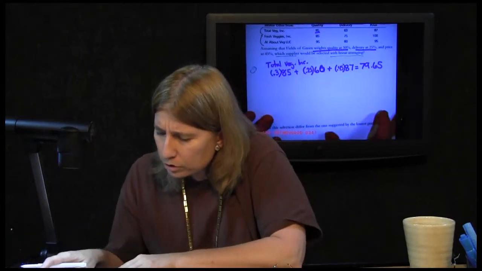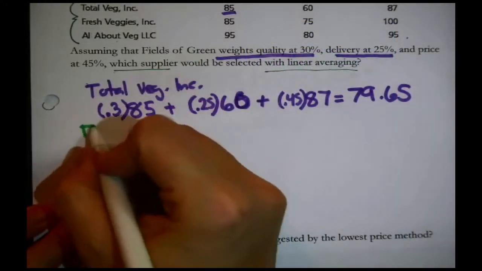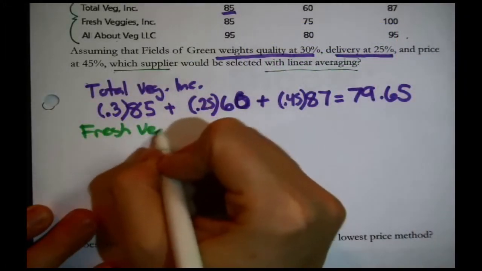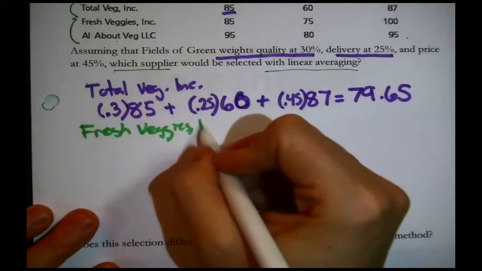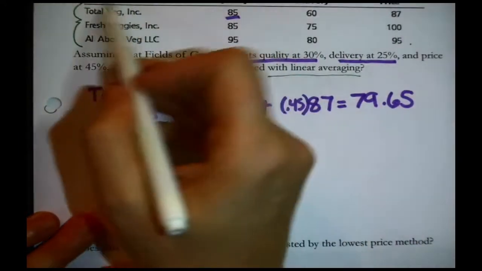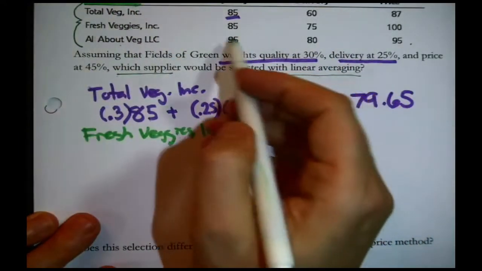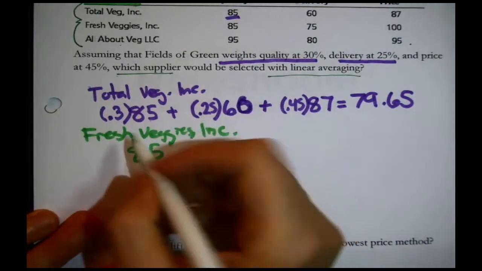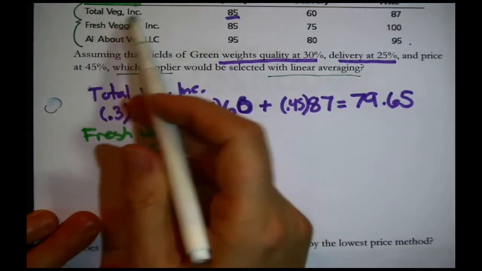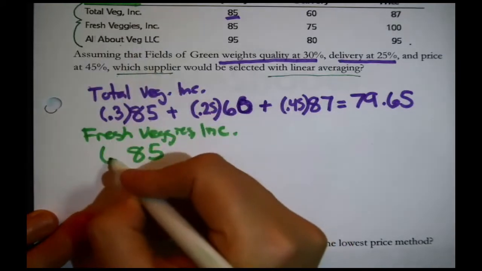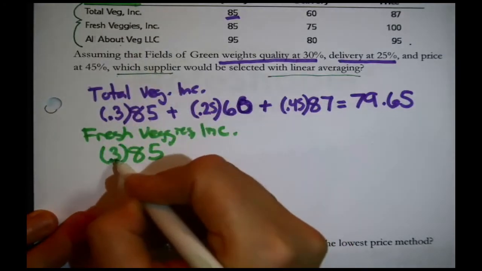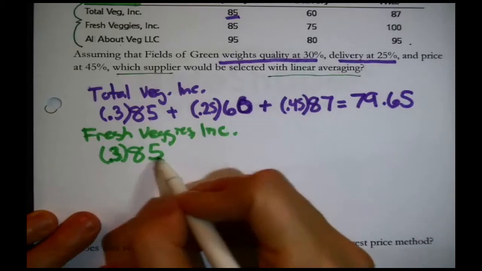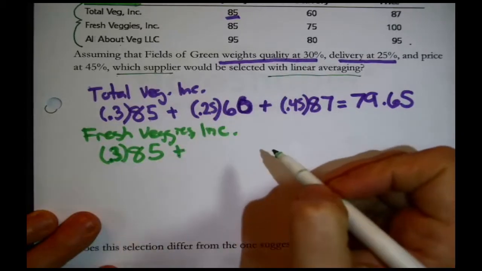Okay, who's next? Fresh Veggies Inc. had made a tender offer, and we'd also given it the same 85 for quality, so we think we're going to get the same quality that we would have gotten from Total Veg Inc. The weight is 30% for quality times the points earned.